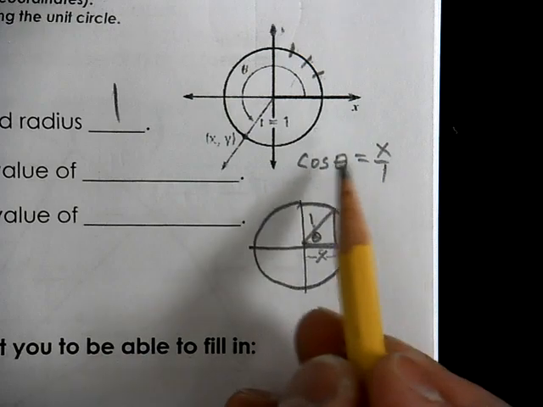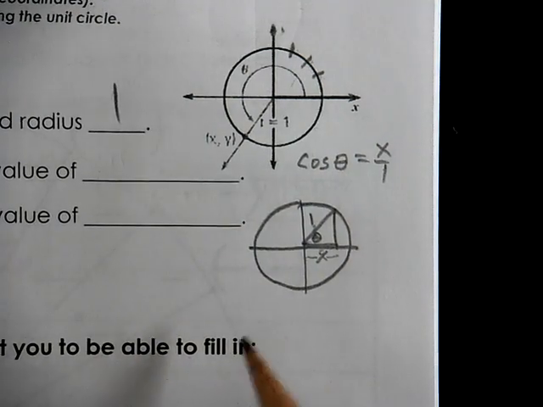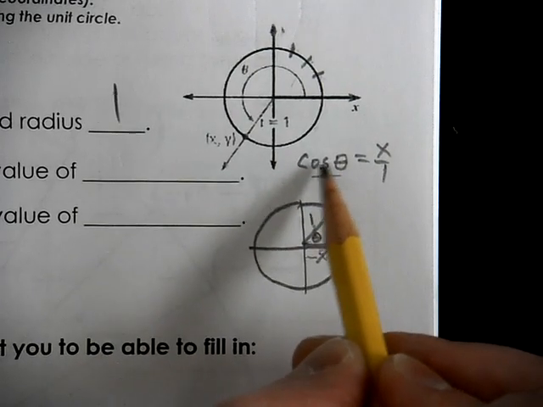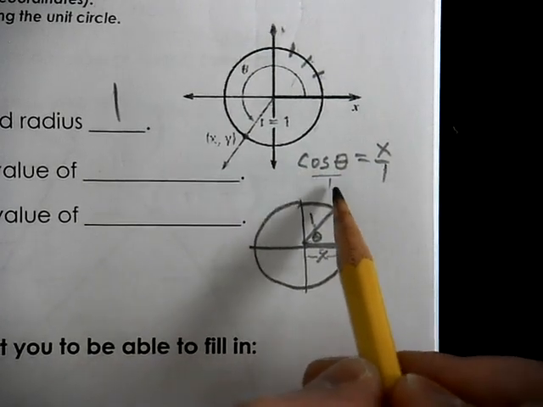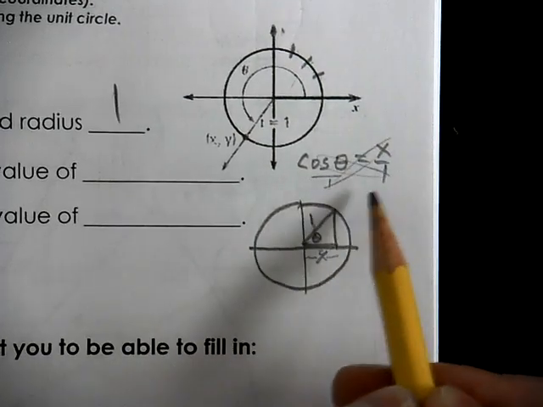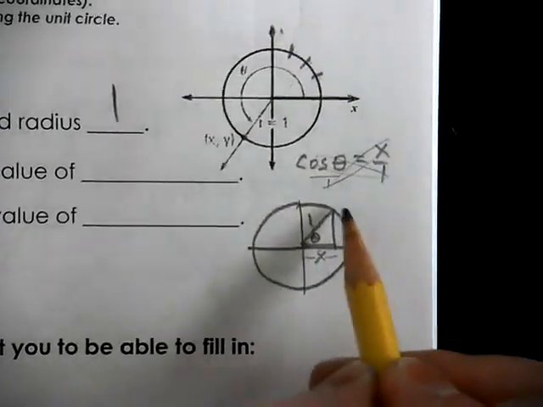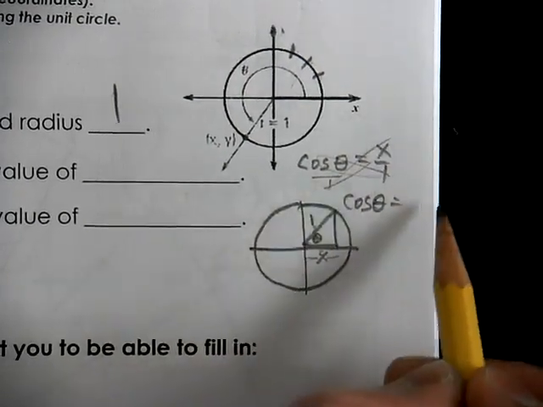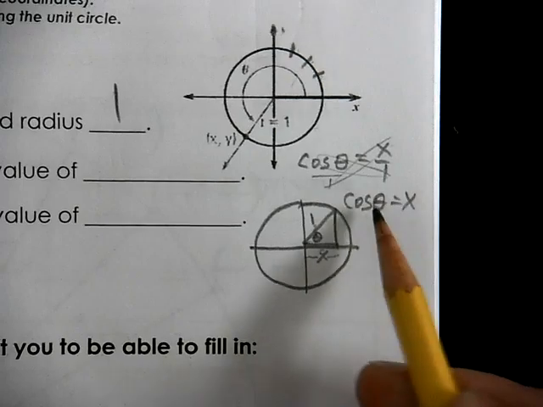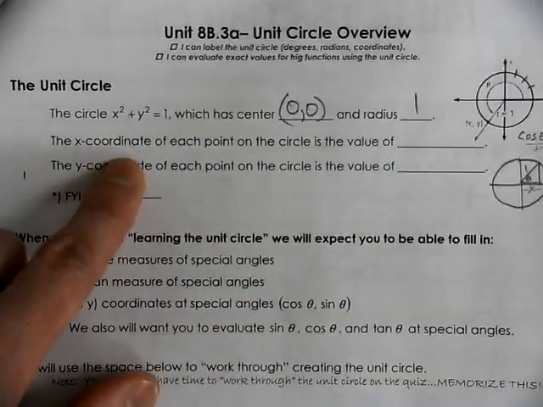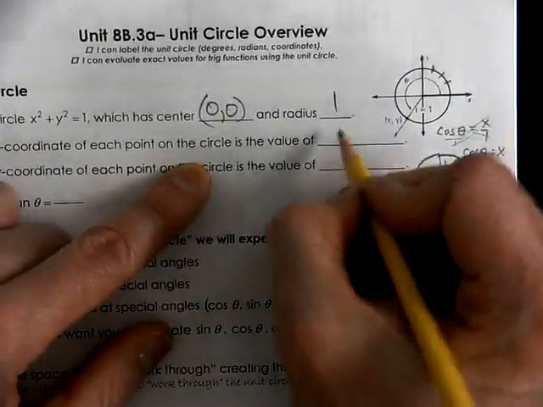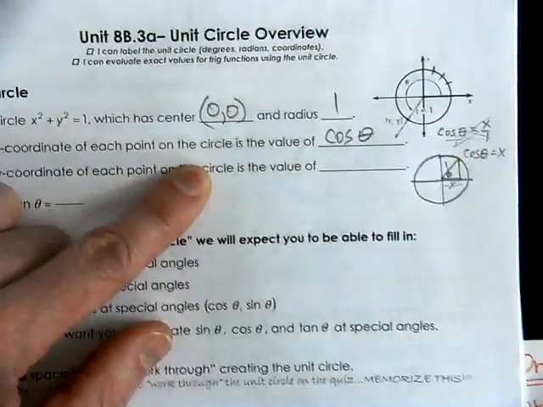And how would we solve for x in this situation? We would cross multiply. Typically we put our value that's not a fraction into a fraction, and we cross multiply. So this is 1 times the cosine of theta equals 1 times x. So what does x equal? The x-coordinate of each point on the unit circle is the cosine of theta.